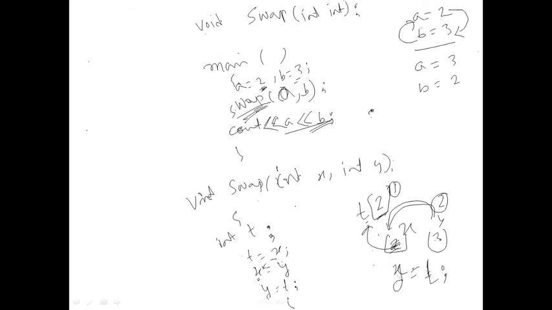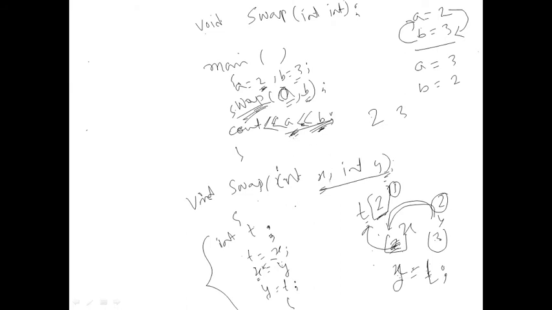It will print 2 and 3. So A and B will not be interchanged because here the copy, the value of A and B is sent to x and y, not the reference or the actual argument. We call these the actual arguments, and these are called the formal arguments.